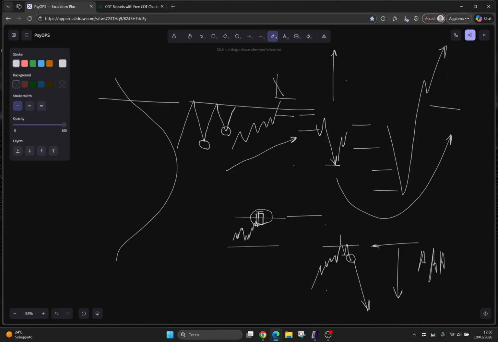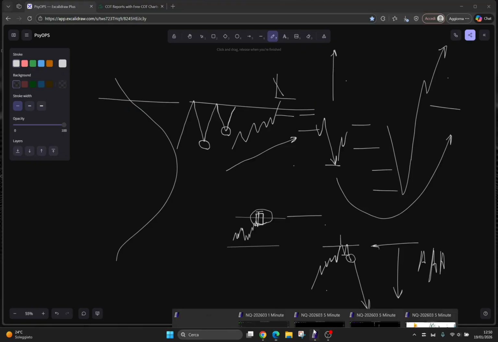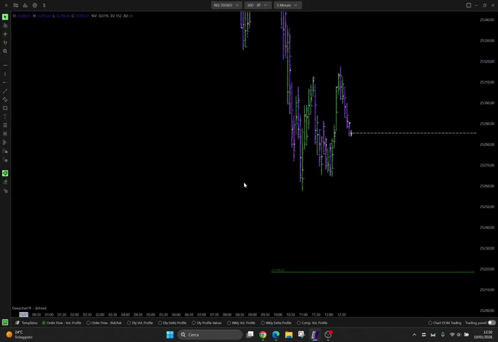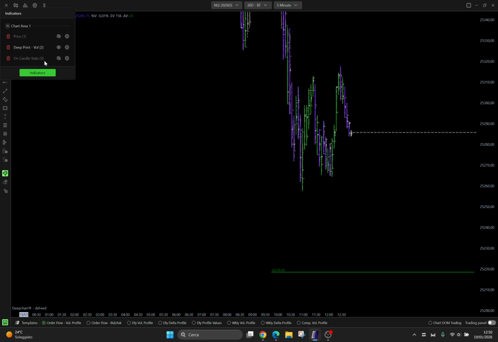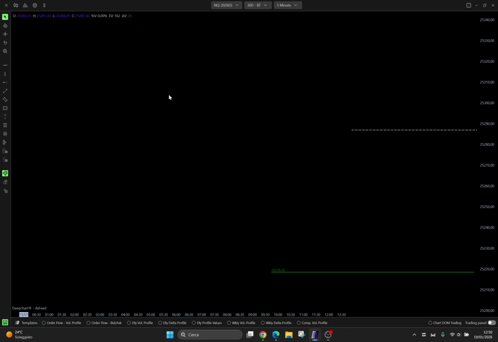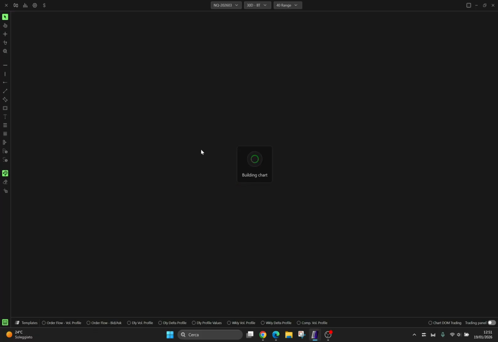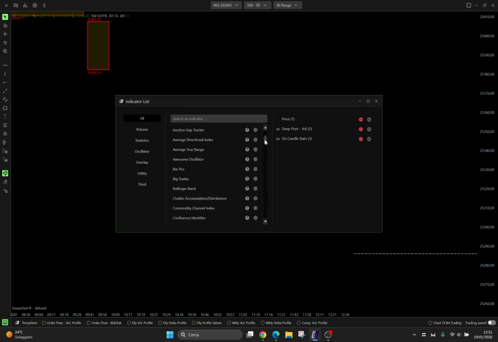Yes, the deep effort zones are the best way I know to understand who is controlling the path of least resistance. You can use this on the 40 range, and I will activate this for you. You need to go here. There is not a template because it's already set up.